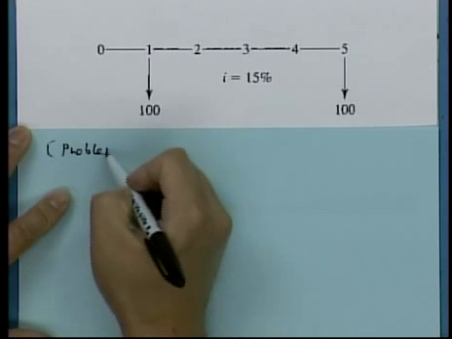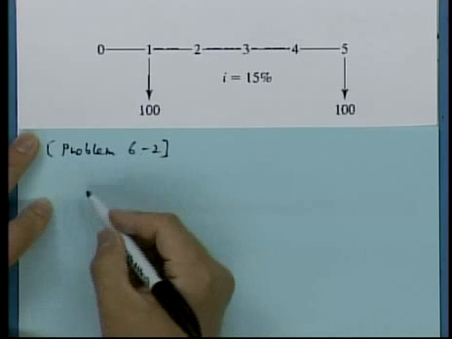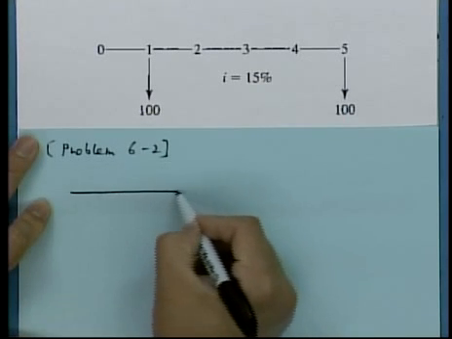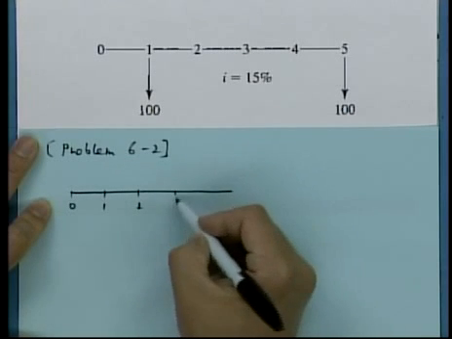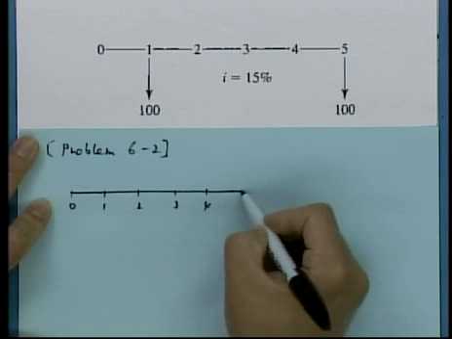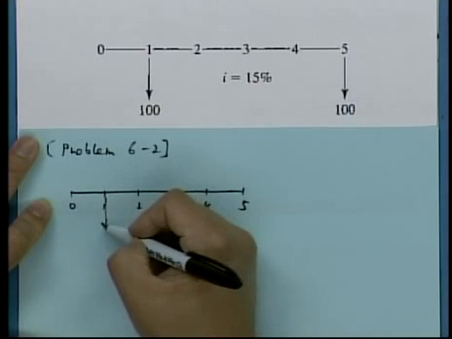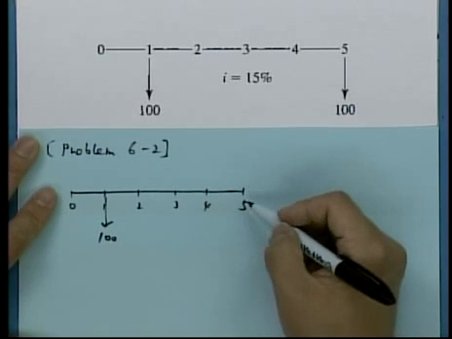Problem 6-2. Zero, 1, 2, 3, 4, 5. So at the end of period 1, there is negative cash flow of $100.